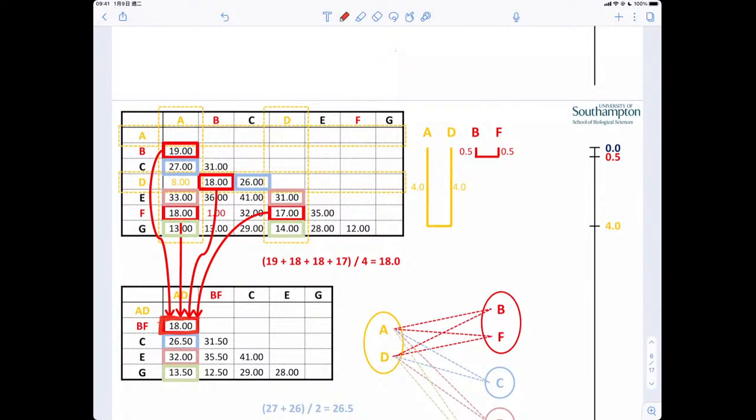So how do we do this? We go to the original distance matrix table and calculate. Since it is between AD and BF, we find AB, AF, BD, DF, and we simply do the math to calculate the average. The average is right here, so we simply put 18 in this cell. So in this case, we know how to build this distance matrix, and so on and so forth.